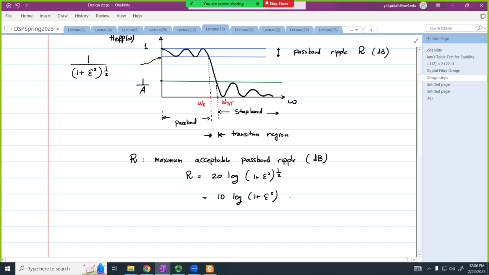And therefore, we can convert from R in dB and calculate epsilon by taking the square root of 10 to the power of R over 10, minus 1. That comes from this equation: 10 to the power of R over 10, minus 1, square root of all that.